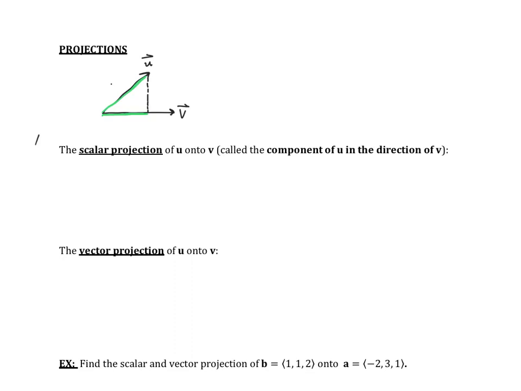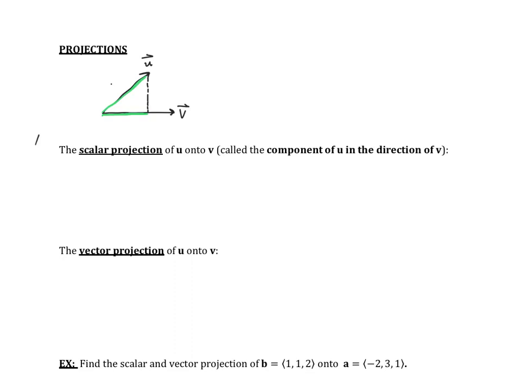Picture it like a shadow. Now, obviously, a shadow could be extended based on where the sun is at, but picture a sun perpendicular. What does the shadow look like? And that's what that looks like, the idea of that picture.